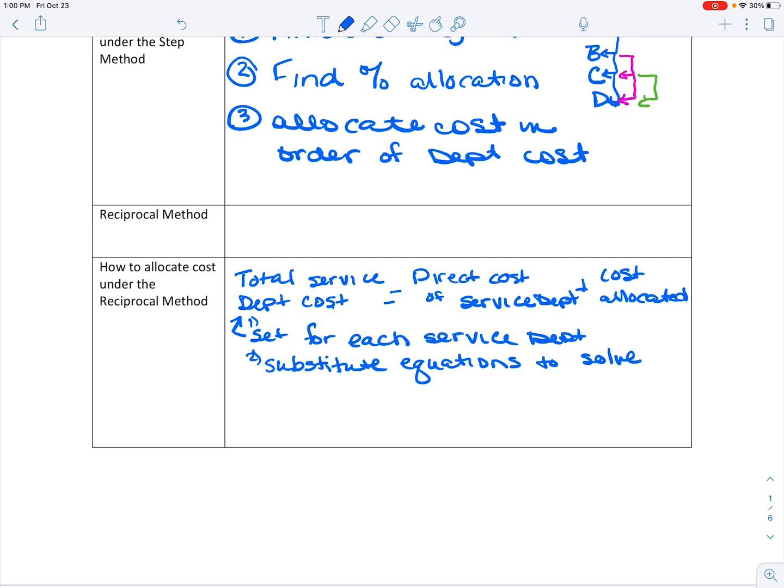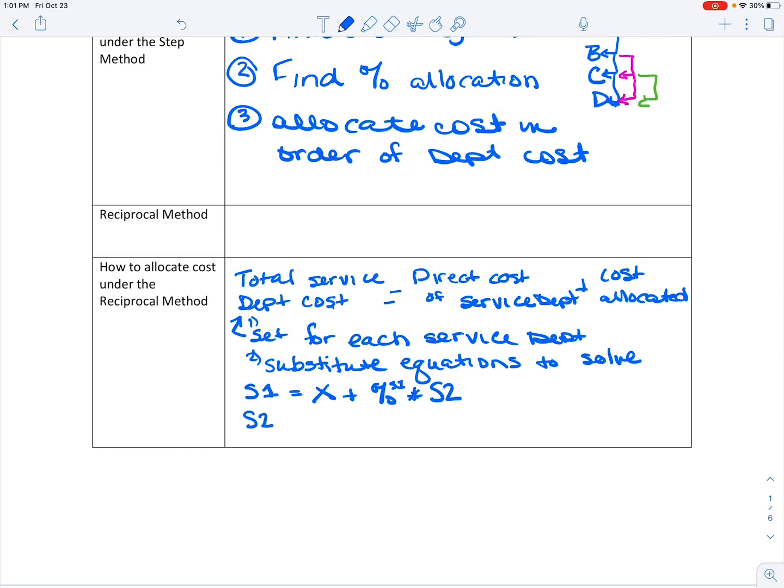So let me show you how that works. If we have our service department 1 is equal to X, that's the direct cost of that service department, plus a percentage that's related to service department 1 times an amount coming from service department 2.